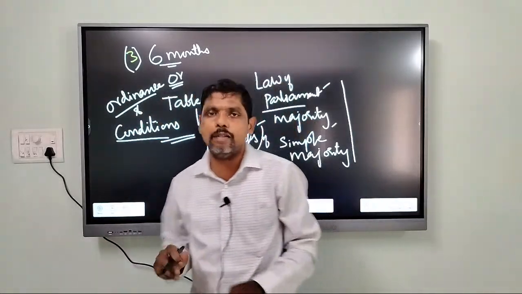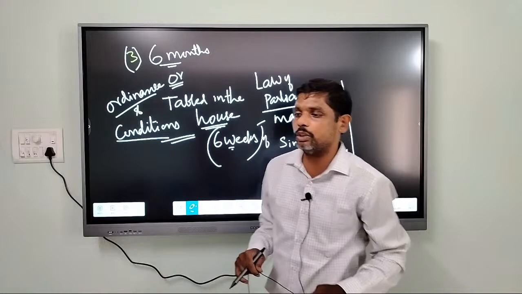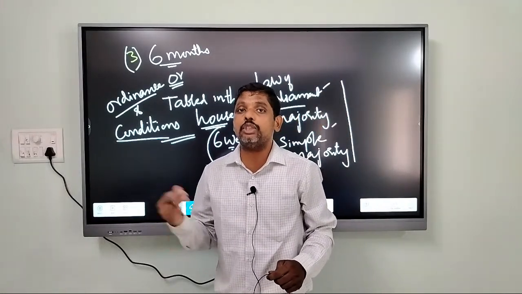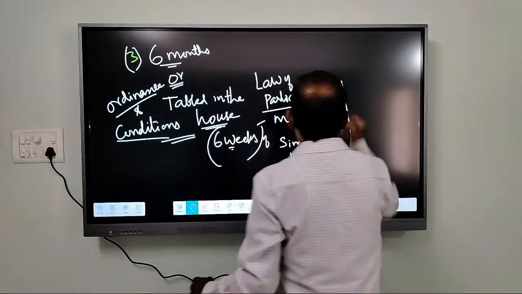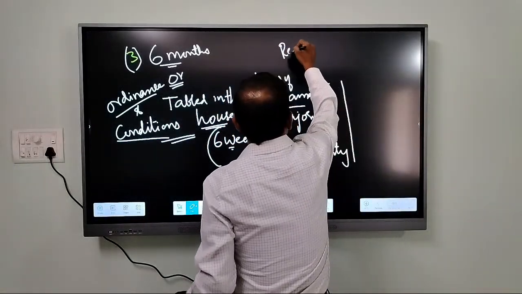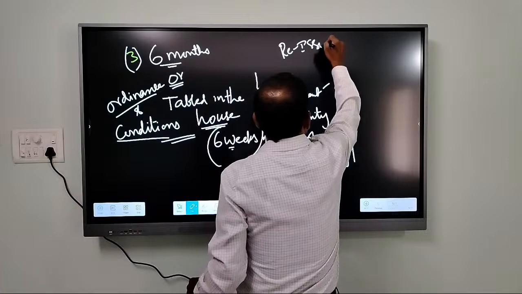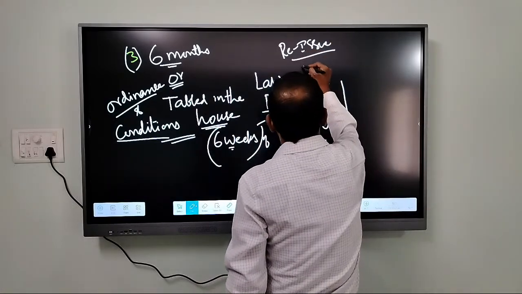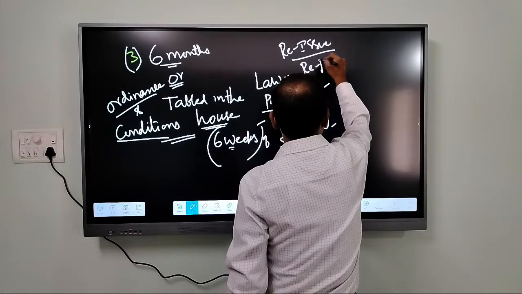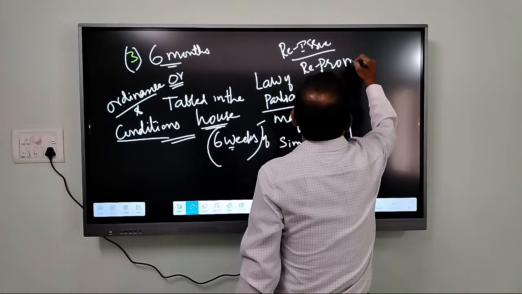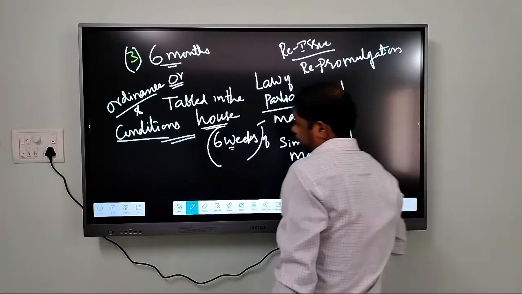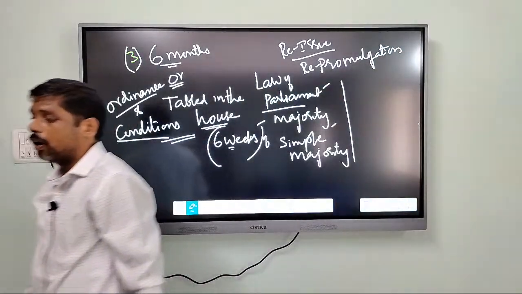Now imagine a situation where the President has reissued an ordinance. Reissuing of an ordinance is technically called repromulgation of an ordinance.